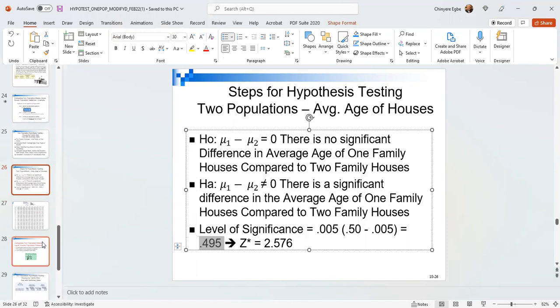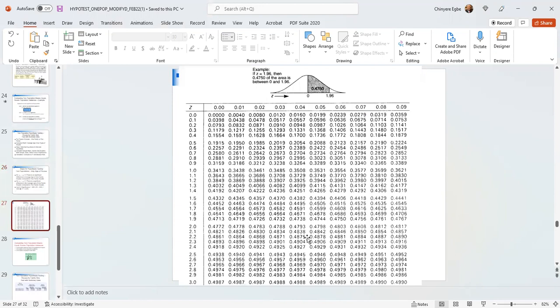And so we come here and we look for 0.495, and we see here 0.4948 and 0.4949, where 0.4949 is as close as 0.4951, just a little bit. And so you get 2.5. From 2.5, you go down, and 0.4949 gives you 2.57 or 2.58. Either of them will do.